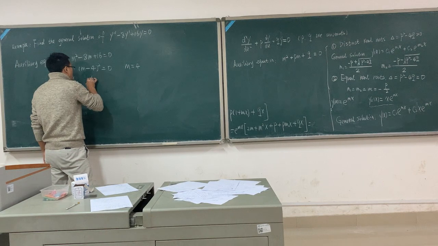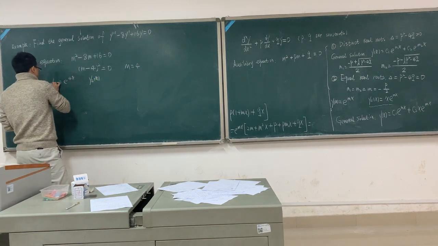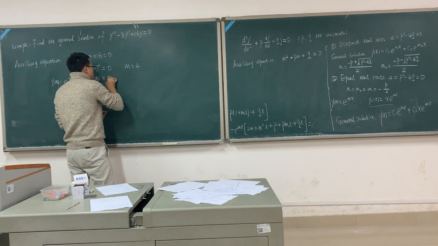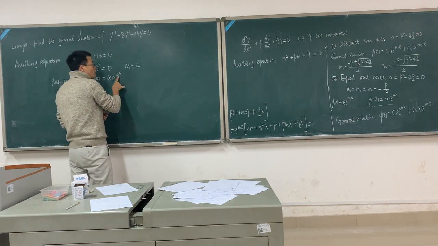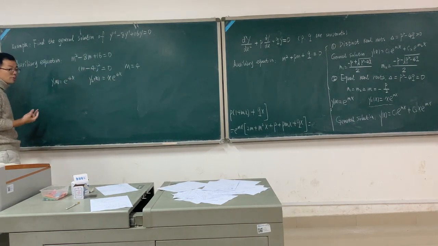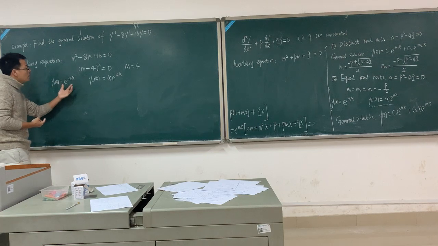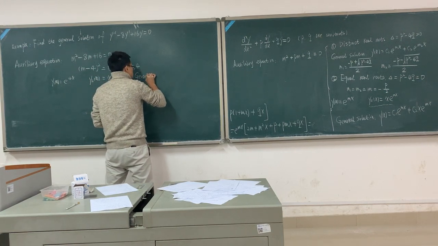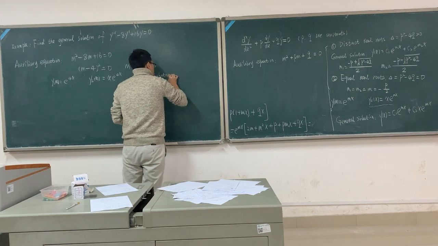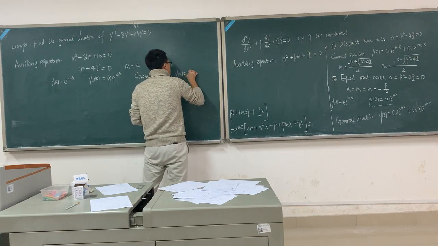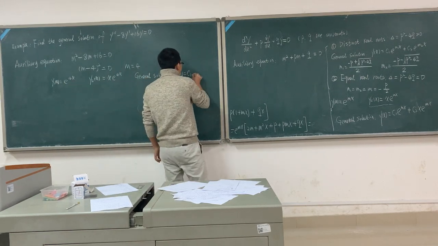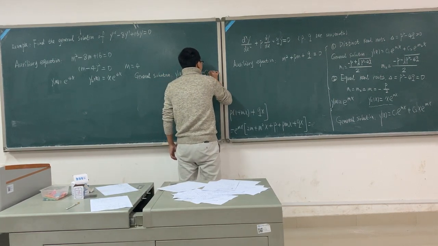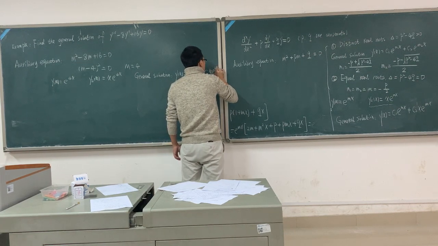The second solution is y2(x) equal to x times e^(mx), so x times e^(4x). So we have y1 and y2. The general solution is y(x) equal to c1 times y1(x), so c1 times e^(4x), plus c2 x times e^(4x).